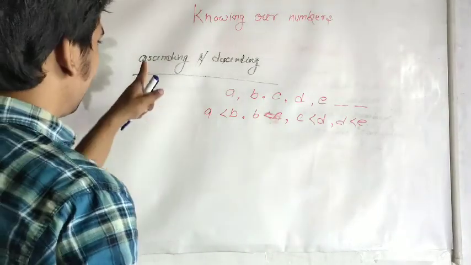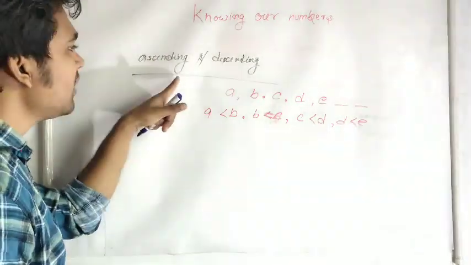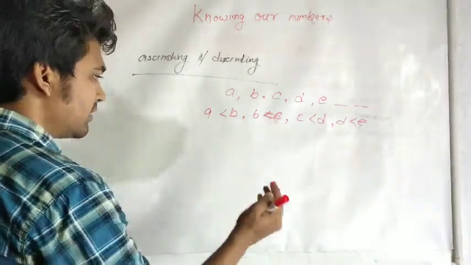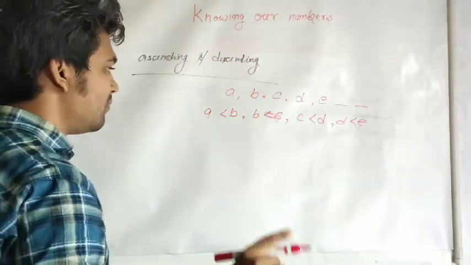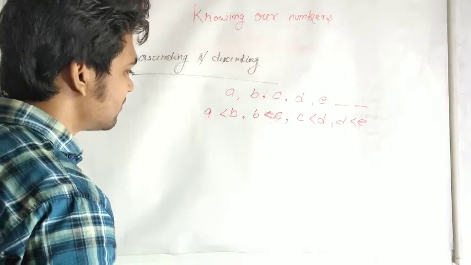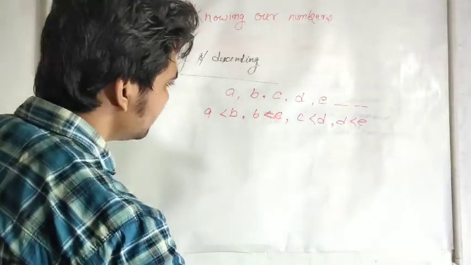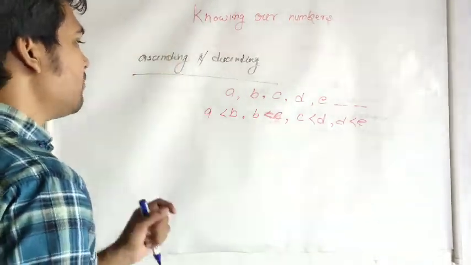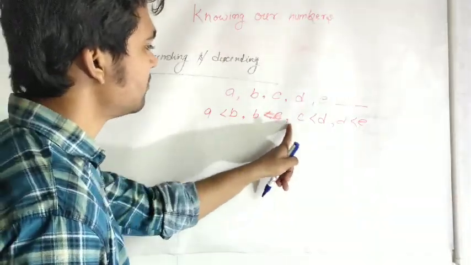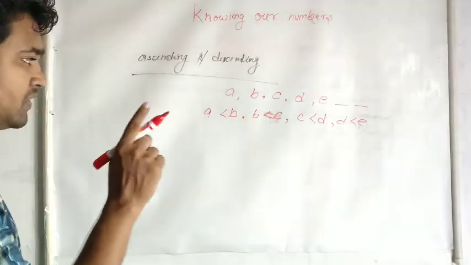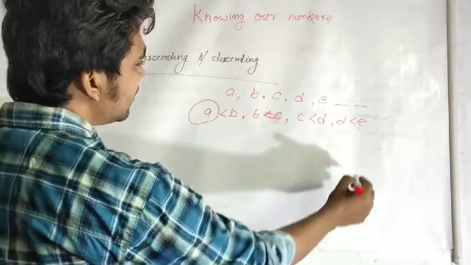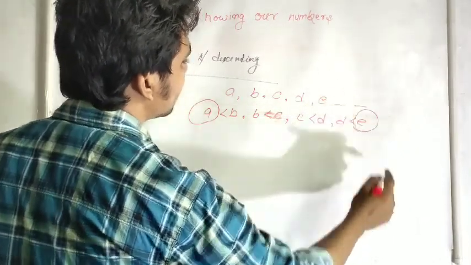So when we talk about ascending order, we start from the left side and place the minimum value, and progress in the same way, and at the right side we put the maximum value. Here from the given information we see that A is the smallest number and E is the greatest number.